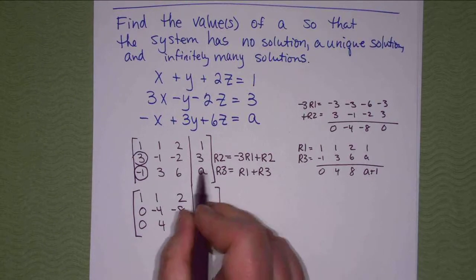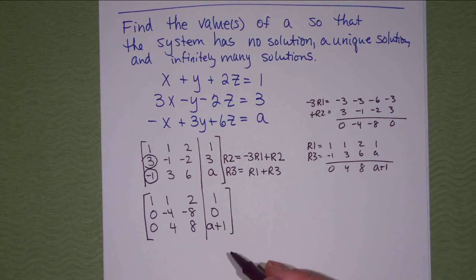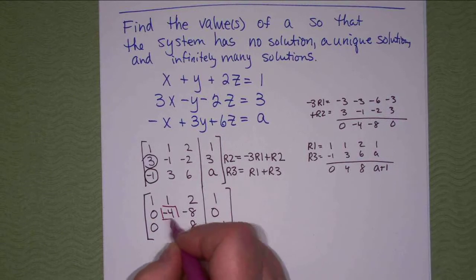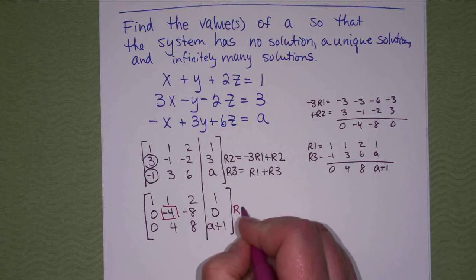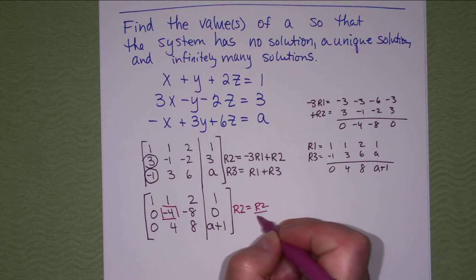And the missing number doesn't have to be on the right-hand side. It could be anywhere in the matrix. Okay. So, what next? This 4 needs to be a 1. So we'll divide that row by negative 4.